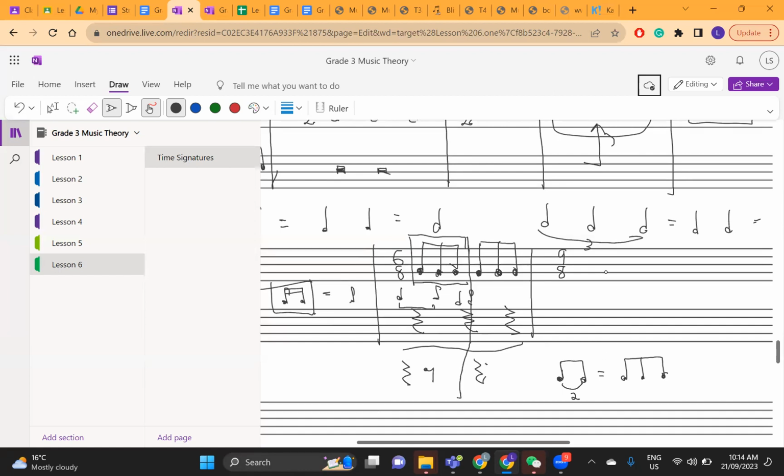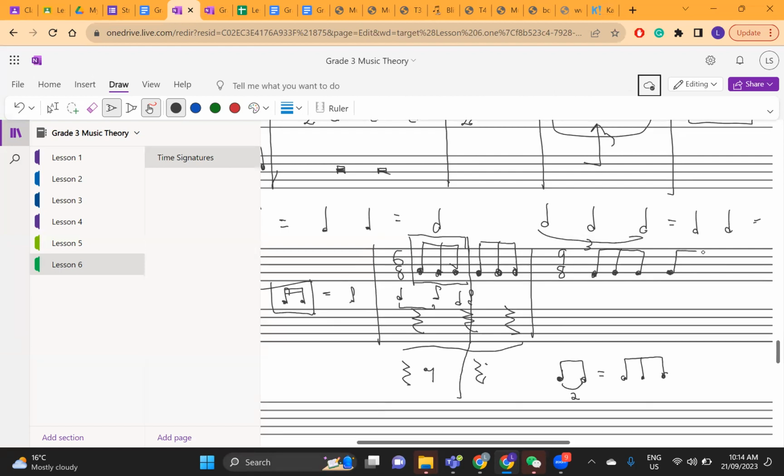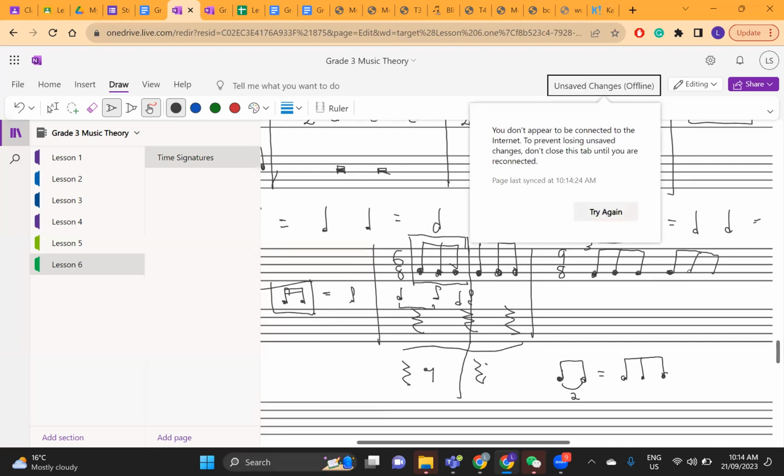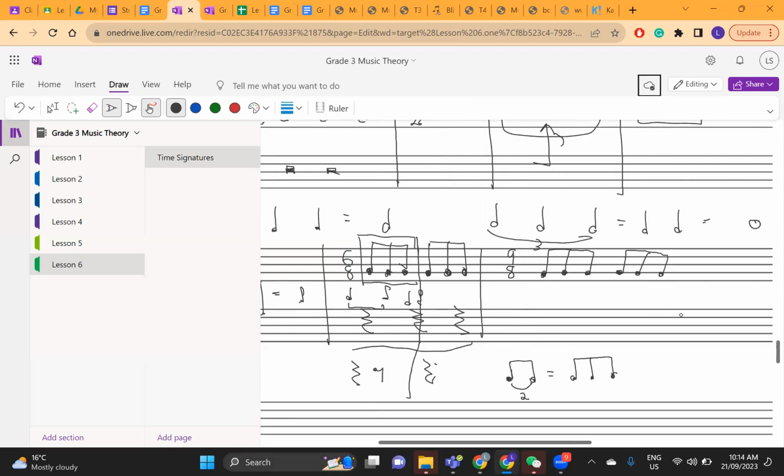And 9/8 is similar to 6/8. You have 3 quavers like that.